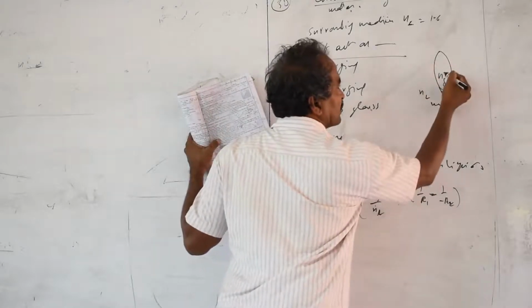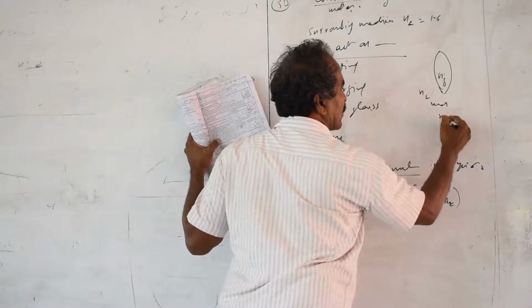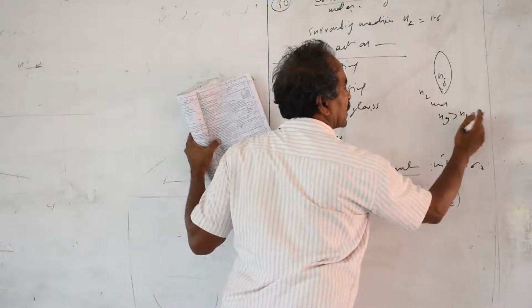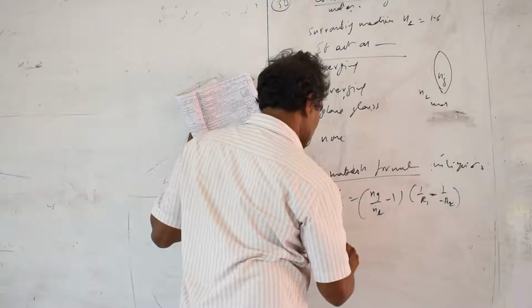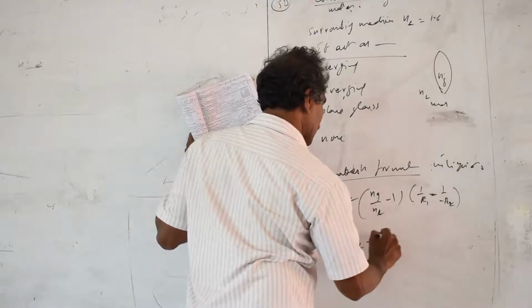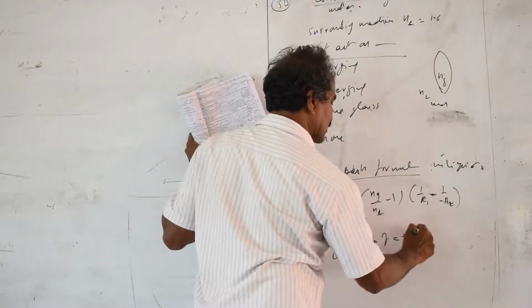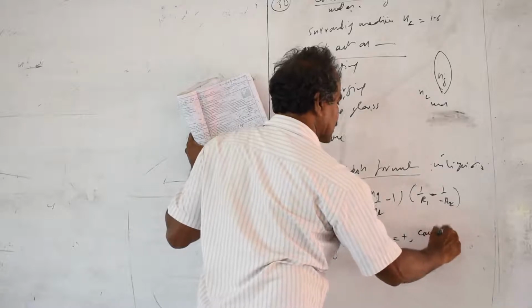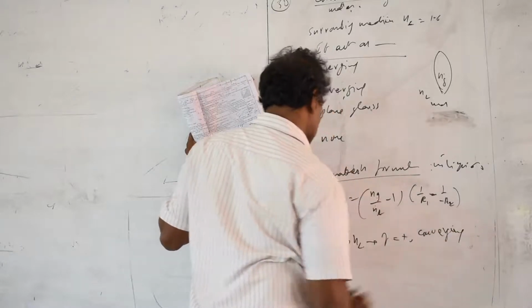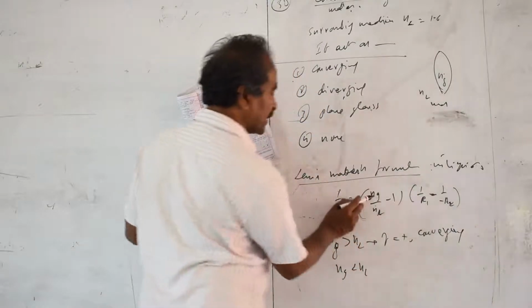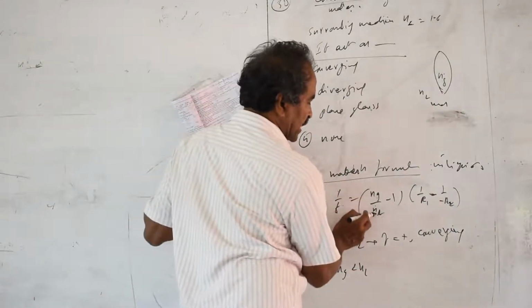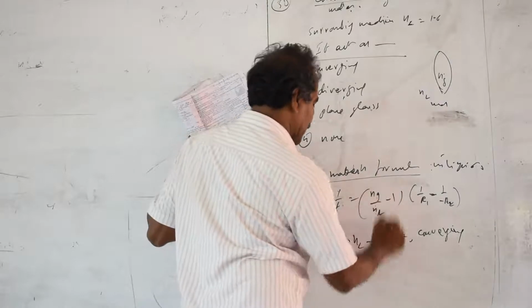If the lens refractive index Ng is greater than NL, then it behaves as a convergent lens, right? Ng glass greater than NL, F remains plus, it remains a converging lens. Converging means convex lens. If Ng is less than NL, this becomes negative.